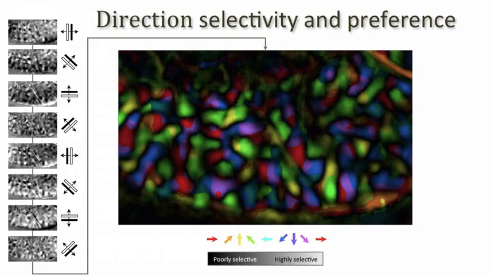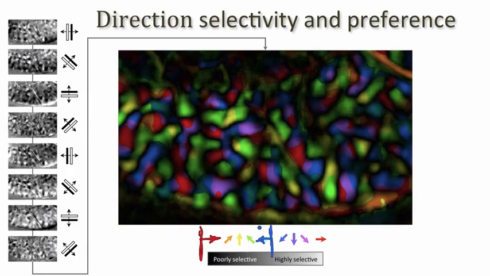That is to say, circuits might develop a preference, let's say, for vertical stimulus, but there might be a differentiation of one side of the orientation domain to prefer vertical moving to the right, whereas the other side of that orientation column might differentiate a preference for vertical moving to the left.